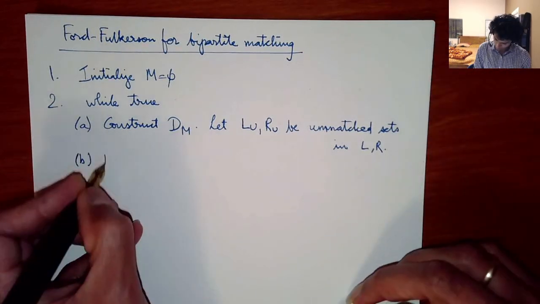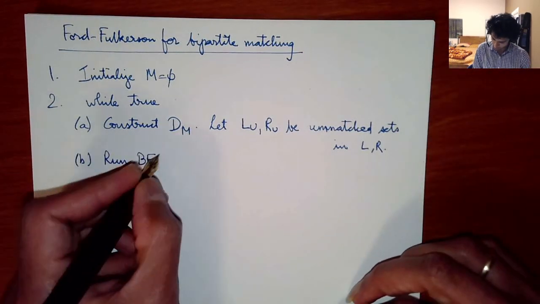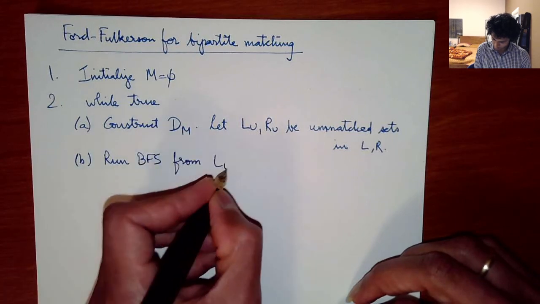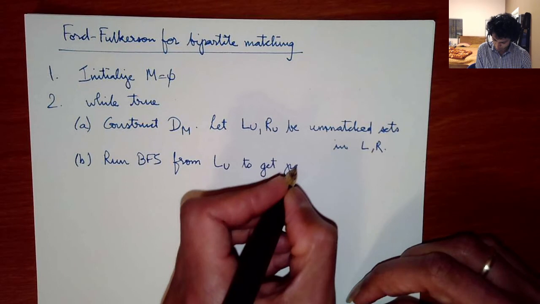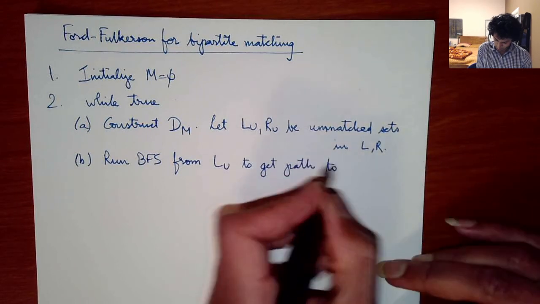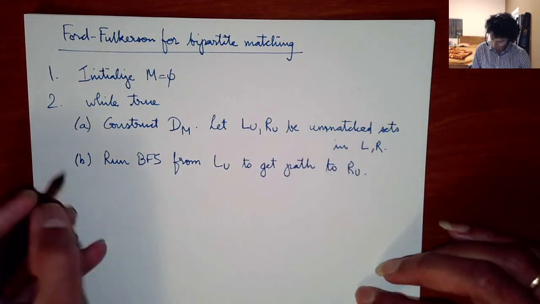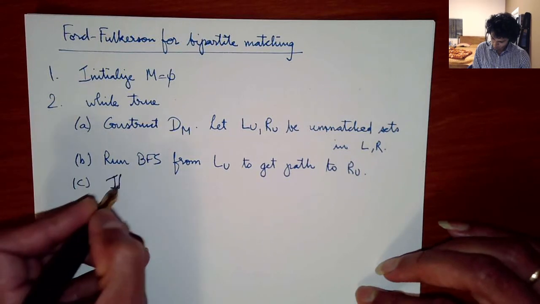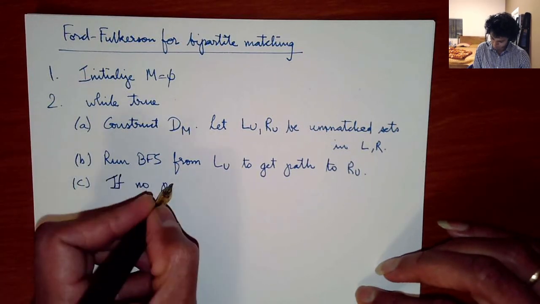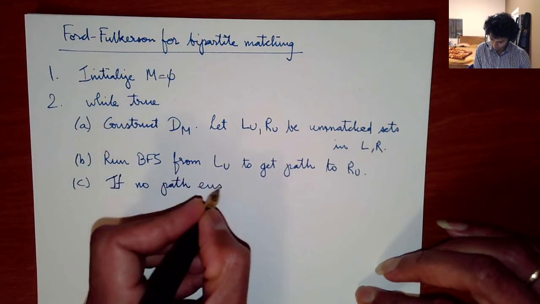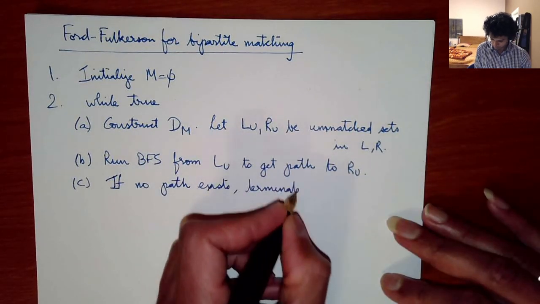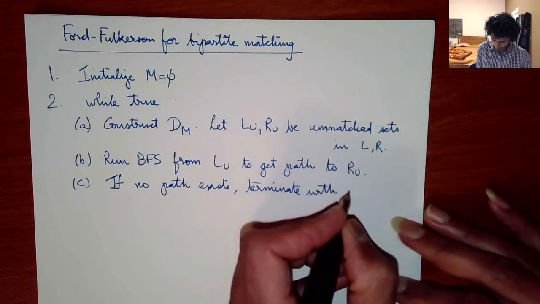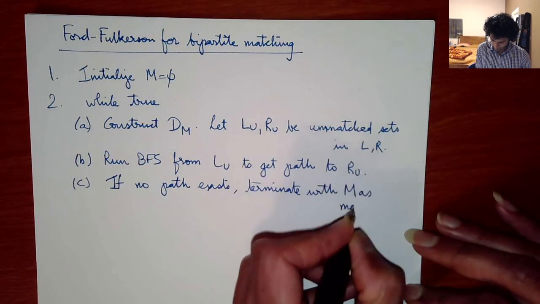Now we'll run BFS from LU to get a path to RU. If no path exists, then we just terminate with M as the max matching.